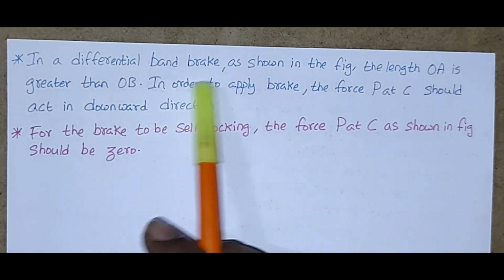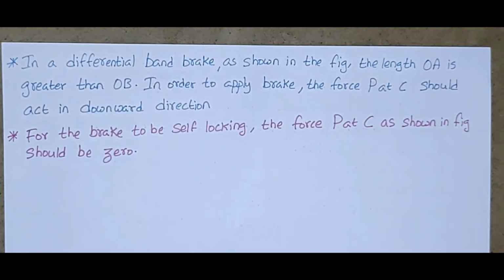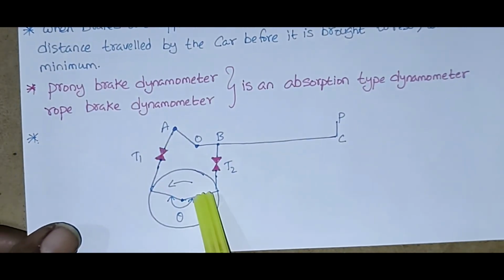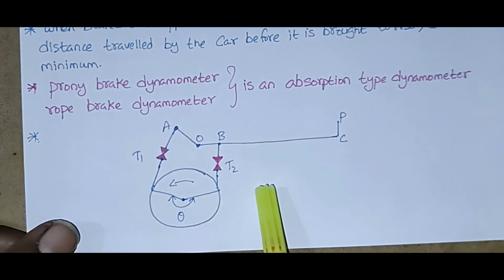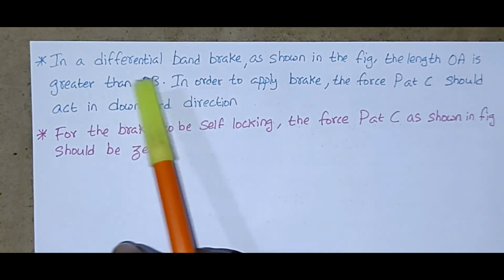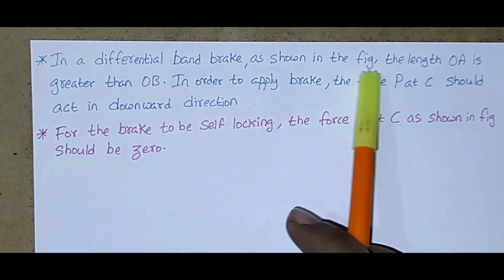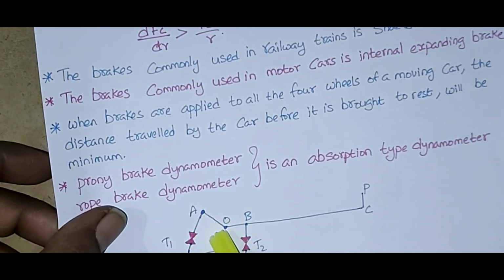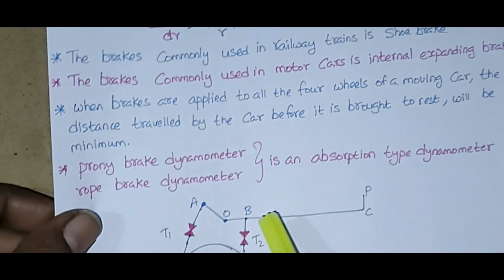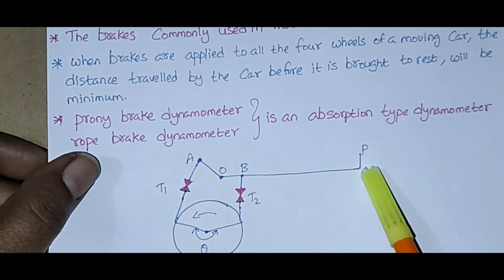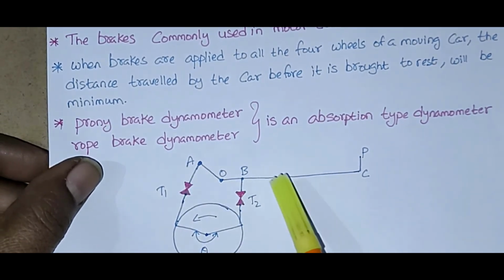In a differential band brake, that is this diagram, what is being asked is: in a differential band brake as shown in the figure, the length OA is greater than OB. Where we are going to apply the brake, at this point, the distance OA is greater than OB.